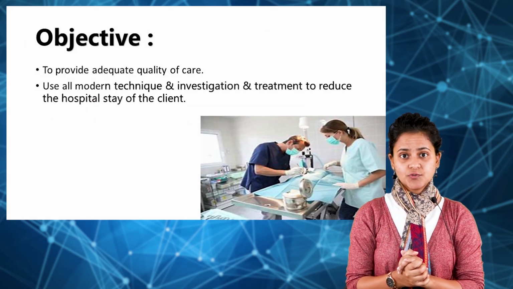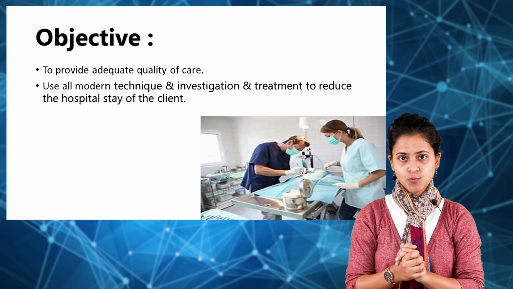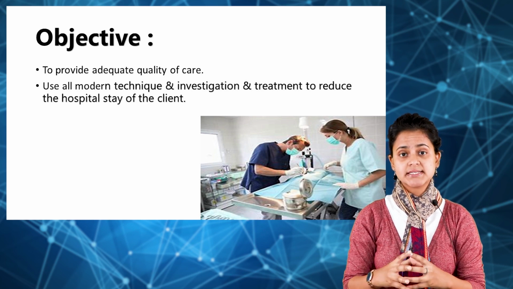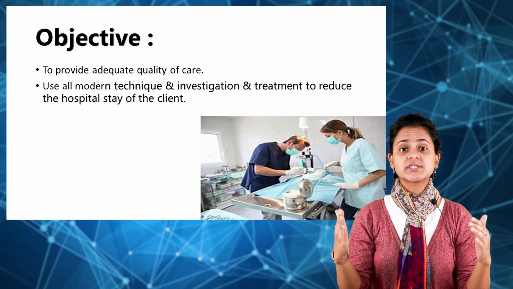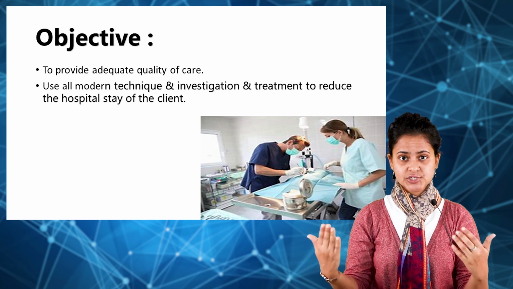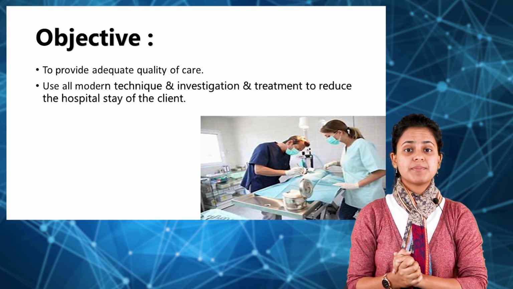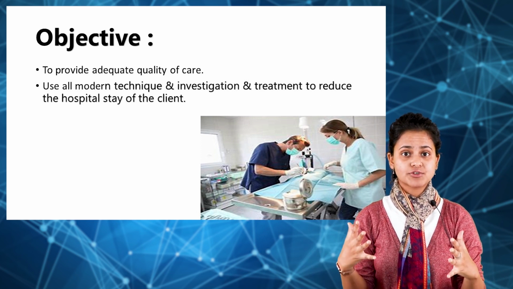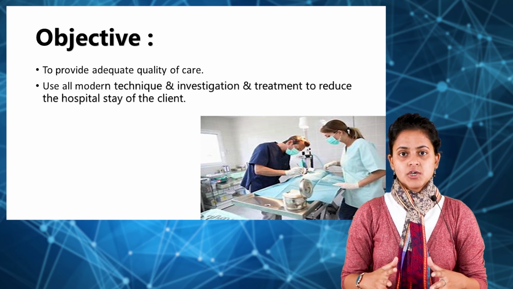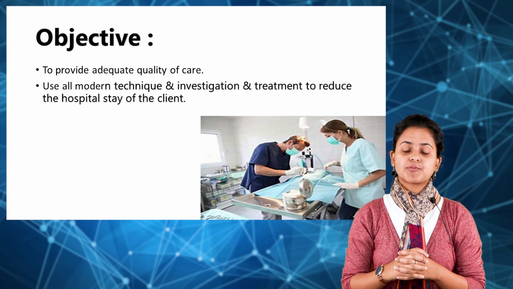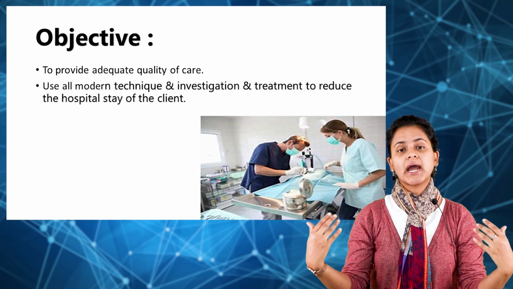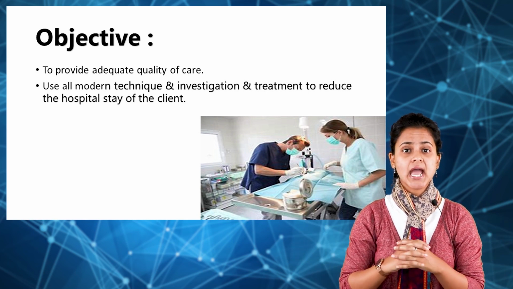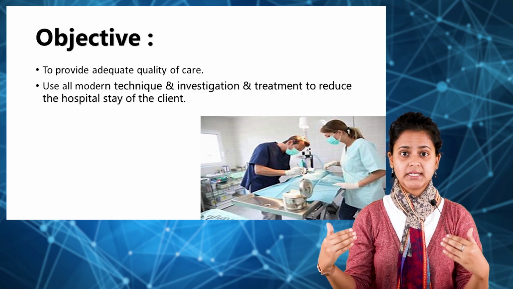Now, let us move on to the next topic, where we will discuss the objectives of the outpatient department. What are we going to do in the outpatient department? The first objective is to provide adequate and quality medical care.